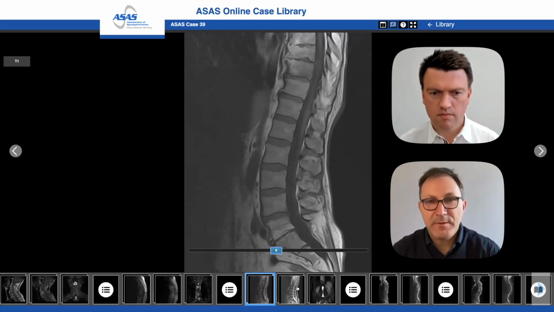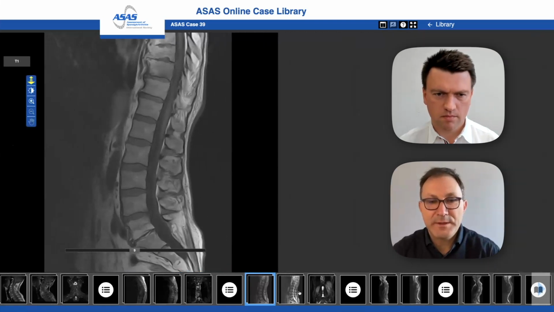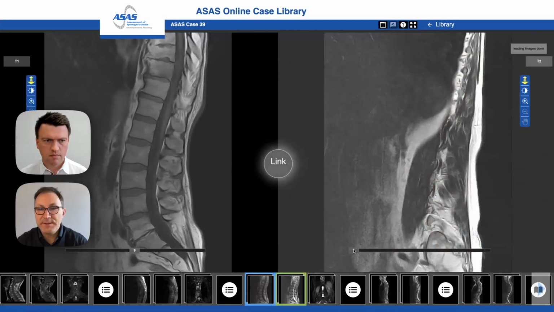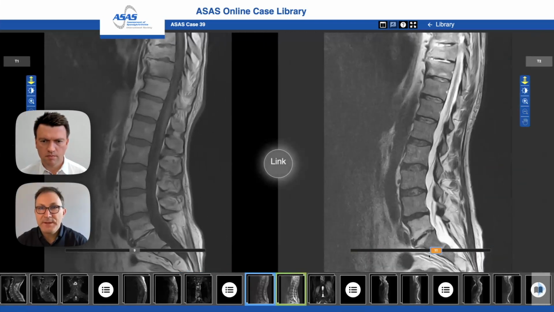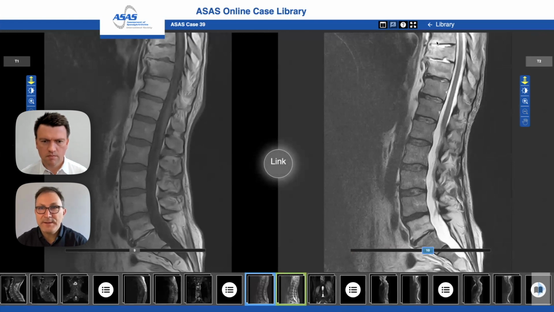So then comparing that with the T2 weighted sequence, we see that in fact there is high signal intensity still here, which we know already is due to bone edema. And also we can see some fatty change adjacent to the disc.